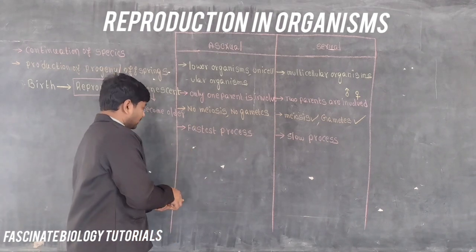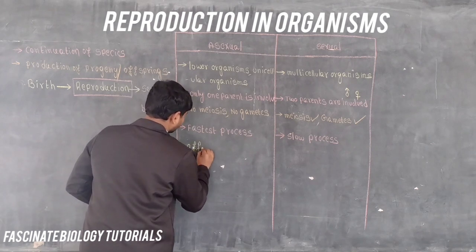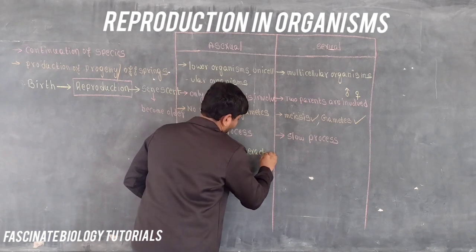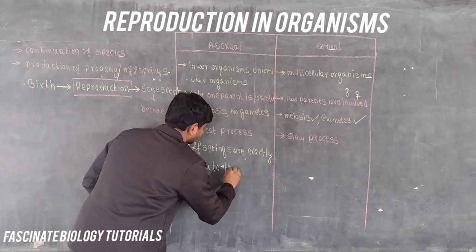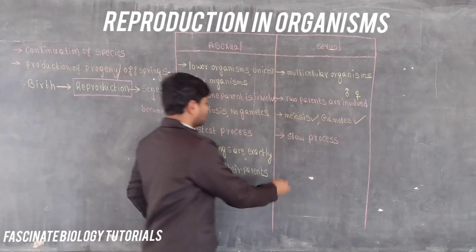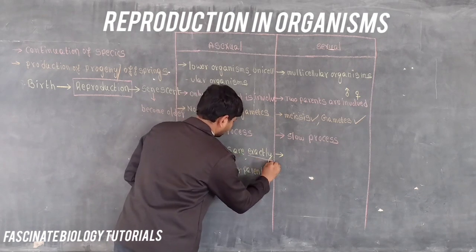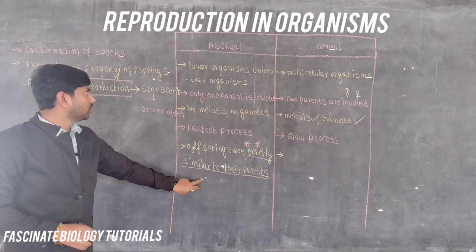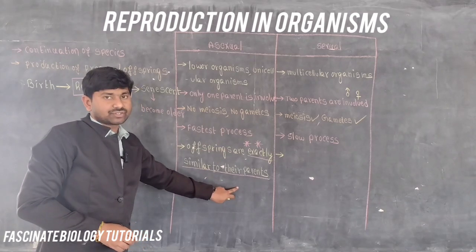In asexual reproduction, offsprings or babies are exactly similar to their parents, meaning there are no variations. How the parents are, the offsprings are the same. There are no genetic variations and no genetic combination.